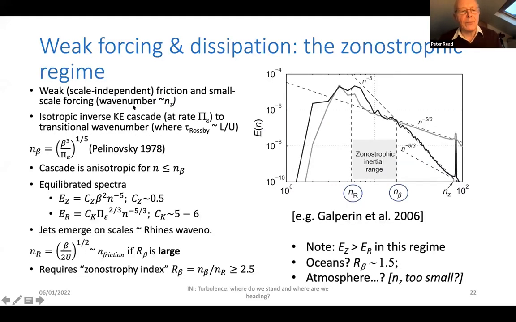And this initially will lead to an isotropic inverse kinetic energy cascade, at least in the barotropic mode, until it reaches this transitional wave number, first identified by Pelinovsky in the 70s, which corresponds to where the Rossby wave period is approximately equal to the advective time scale, and is given by beta cubed over the cascade rate, the energy transfer rate, to the 1/5.